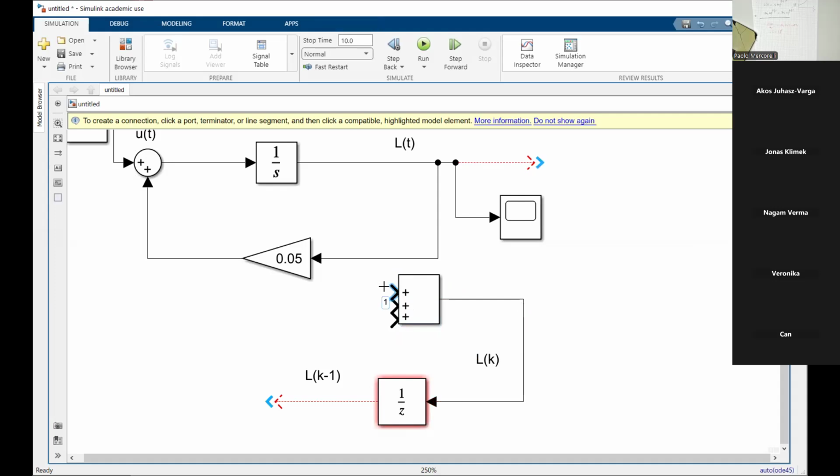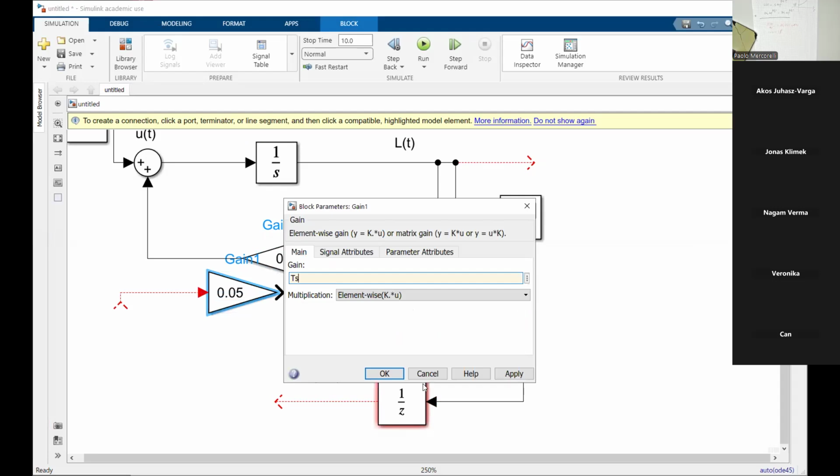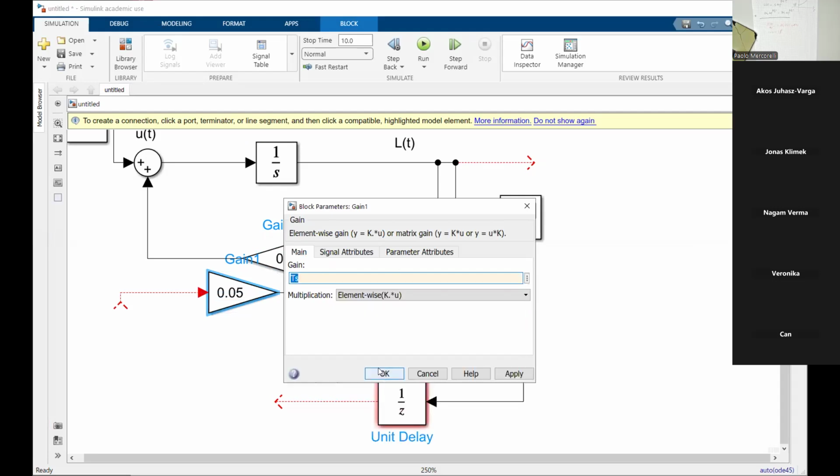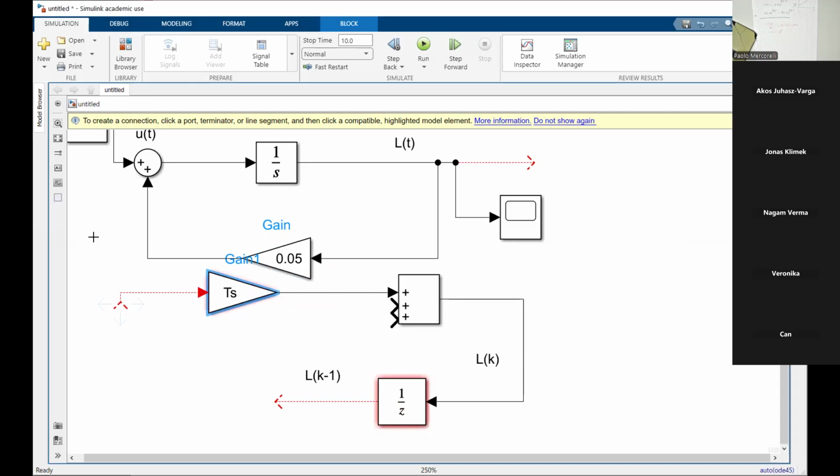Then I have U of t multiply Ts. U of t was this. You remember? I will define Ts later.